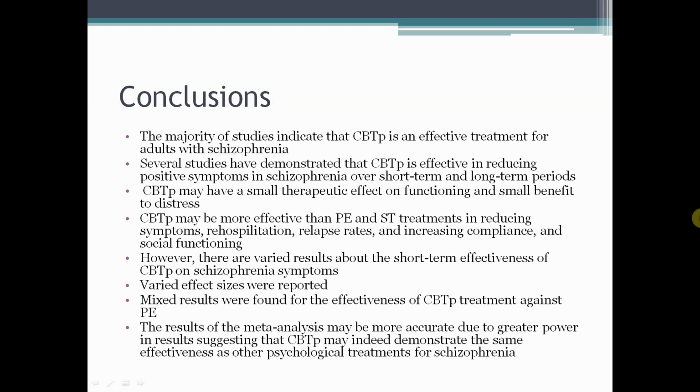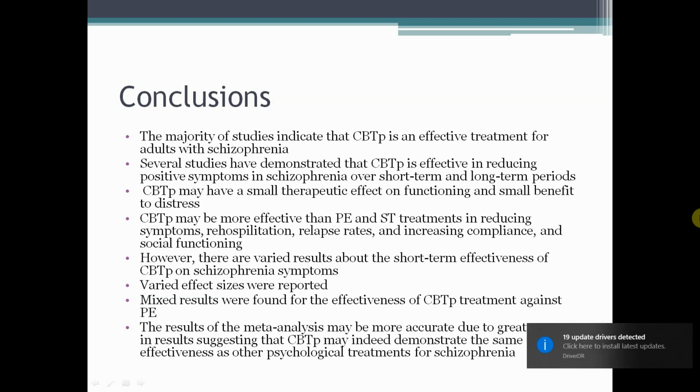However, there are varied results about the short-term effectiveness of CBTP on schizophrenia symptoms. Additionally, varied effect sizes were reported, indicating that it is unclear to which extent CBTP is effective in reducing schizophrenia symptoms.